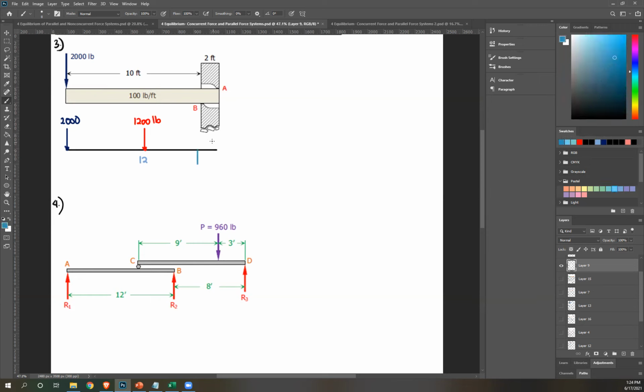So we have B and A. Again, you're just guessing the direction. I'm gonna guess at B, it's upward. So this is RB, and then at A, it's downward. So that's RA. Again, this is just guessing. And then include, so this is 6, right? Because it's at the exact center. And then this is 2 feet. Then this is 6.